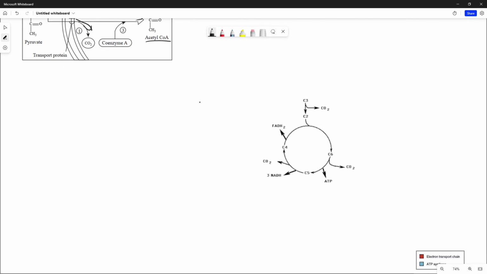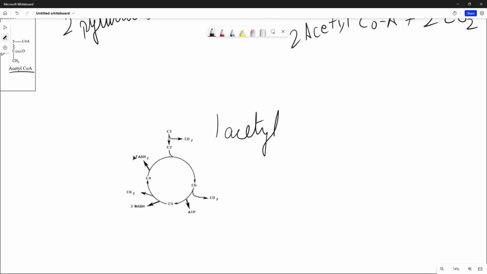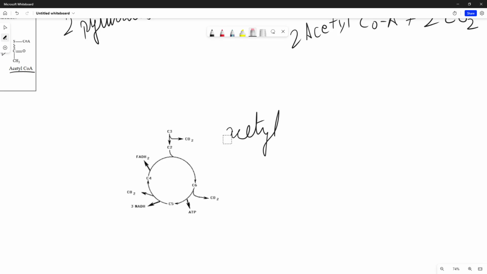So what happens in the Krebs cycle is each acetyl CoA gives us... so let's rewind back a bit. When we're talking about the Krebs cycle, it's actually a very complex process.